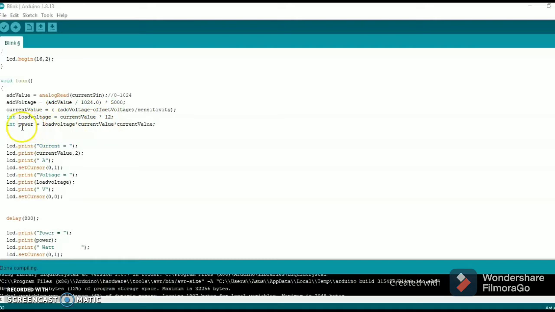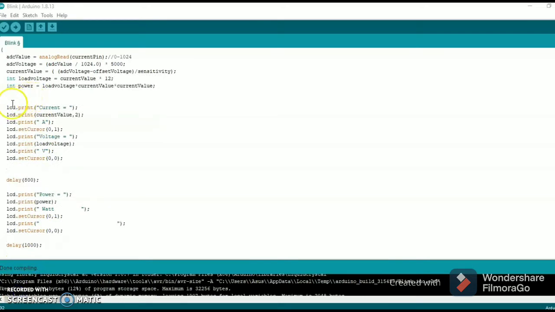And the last one, we display the power, that is the load voltage times current value times current value. The formula is same as P equals I squared R. For LCD, we assign the LCD to print the current value, the voltage value, and the power value to display on the LCD by using this coding.